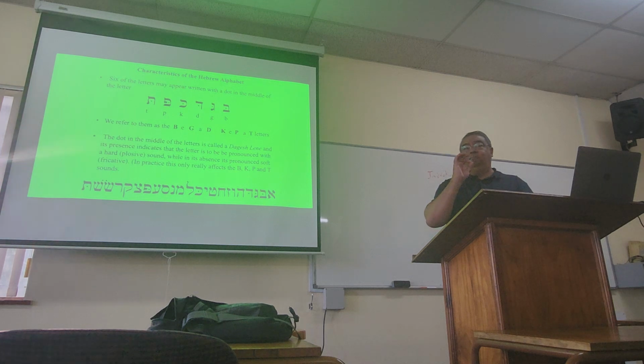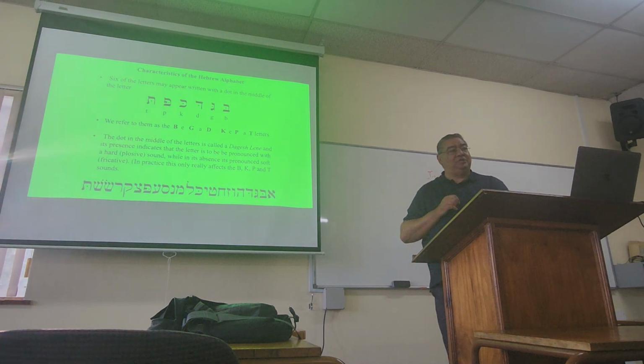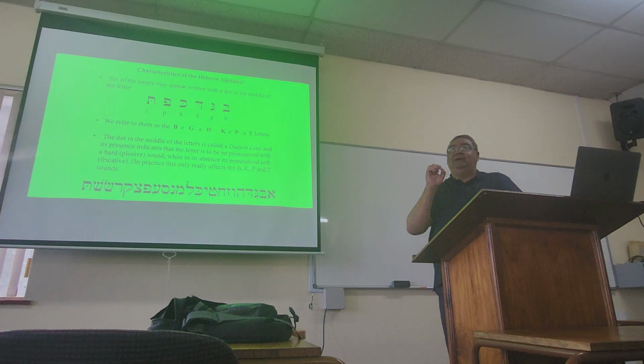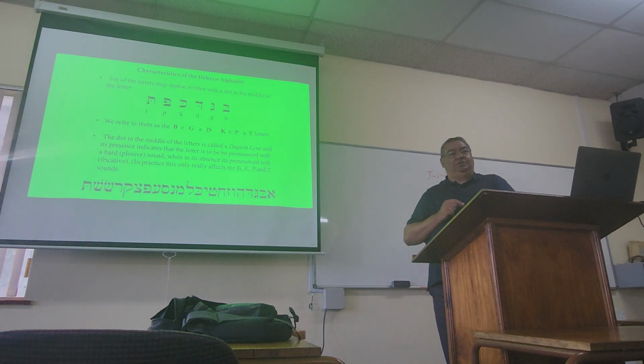When the letter bet occurs with a dot, with a Dagesh Lini, that dot tells you that you need to pronounce this letter by its hard pronunciation. And that hard pronunciation, if you think about it carefully, what you're doing with the parts of your mouth, you will hear that you are performing what is called a bilabial plosive. And what that means is the word labial means lips.